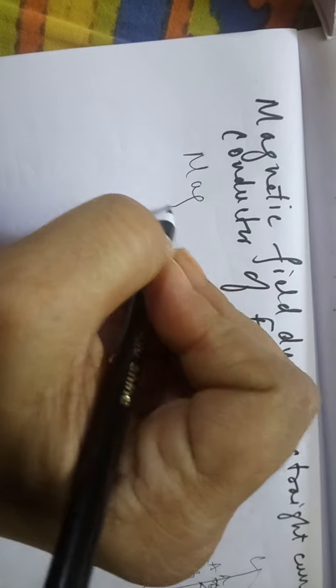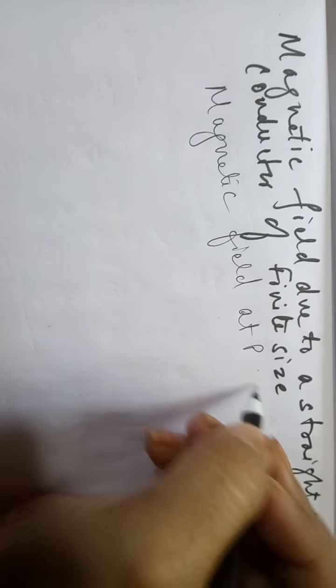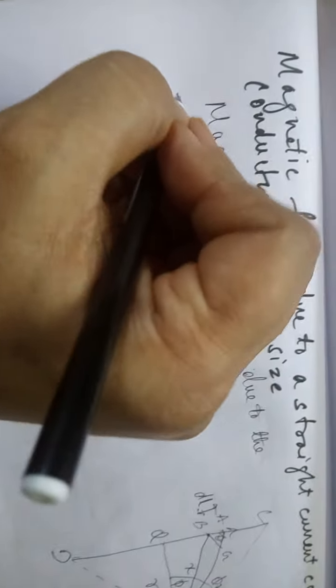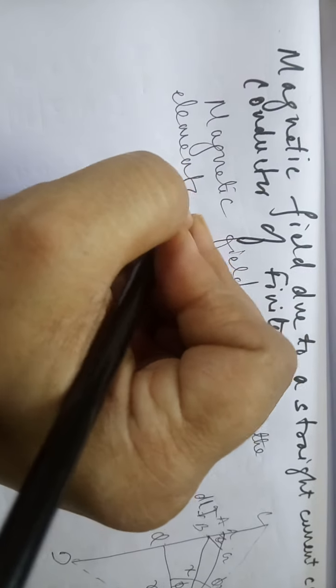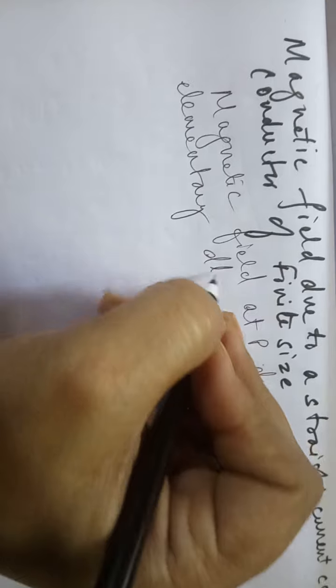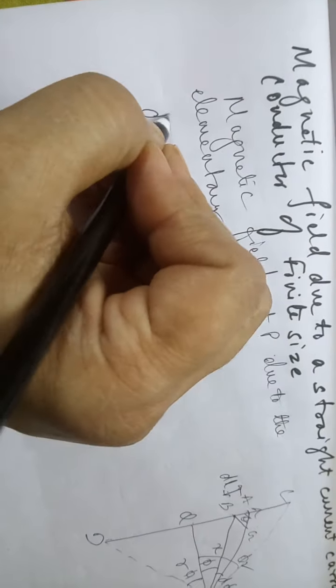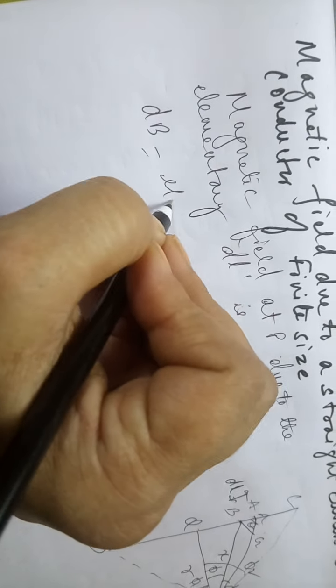Using the Biot-Savart's law, the main formula is: dB, the magnetic field at P due to the elementary length dl, is dB equals mu 0 by 4 pi, I dl sin theta divided by the distance squared.